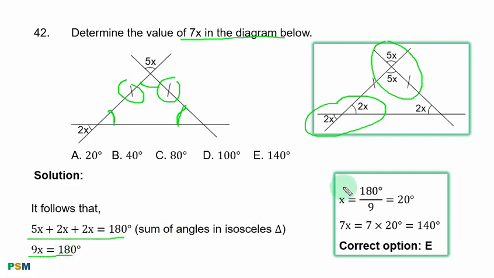To get S, divide both sides by 9. S is equal to 20 degrees. Therefore, 7S becomes 7 times 20 degrees equal to 140 degrees. The correct option is E.